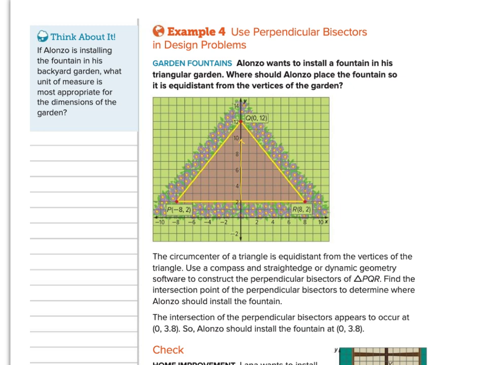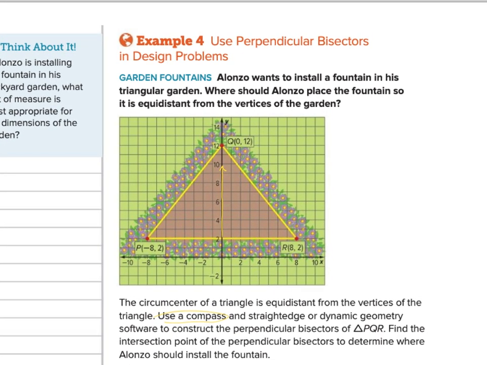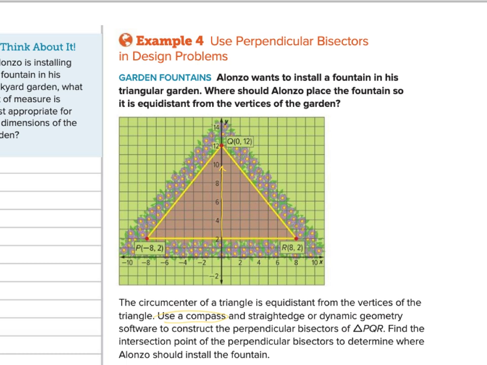And here they want us to use a compass to construct. It'll be a little bit difficult here, but we could find the midpoint between here and here. Finding the midpoint there would be approximately right here. I just estimated based on slope.